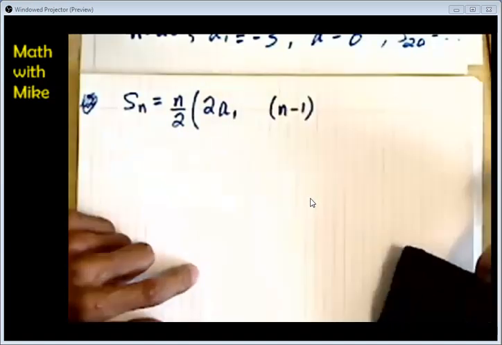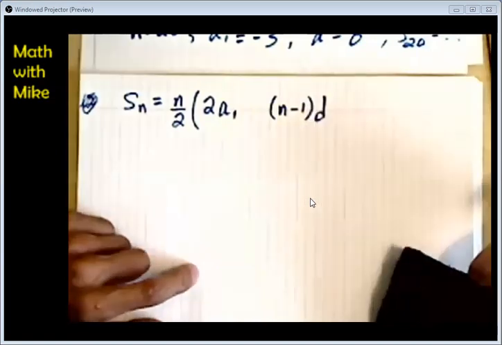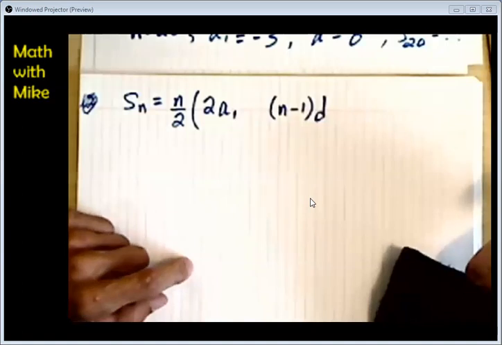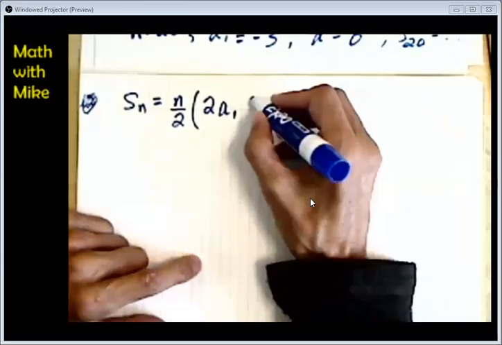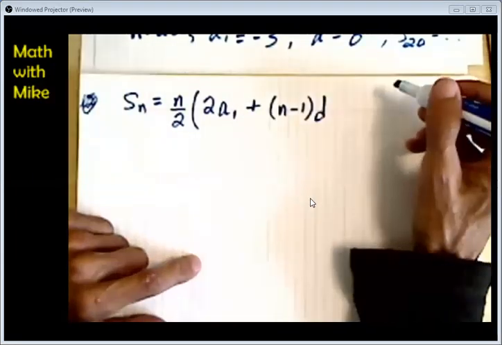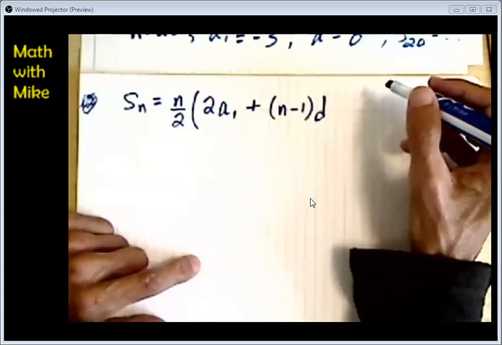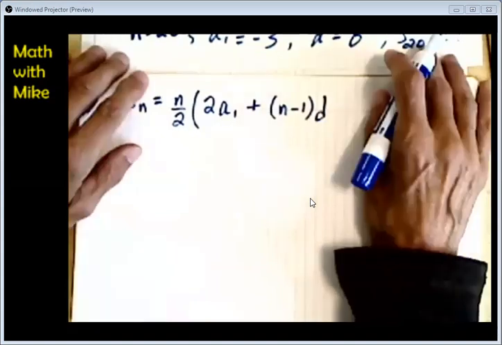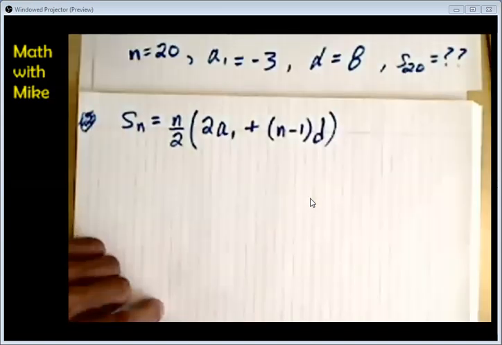Jumping around a bit, but that's okay. D at the end. This is how the brain works. It jumps around a little bit. That's okay. Plus, indeed. Every open needs a close. There we go. Perfect. There are the values there.